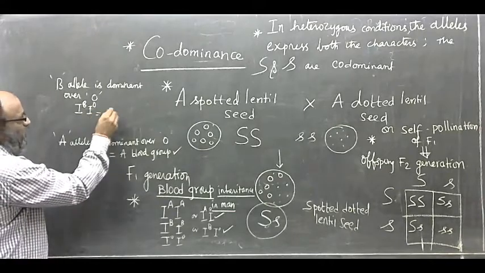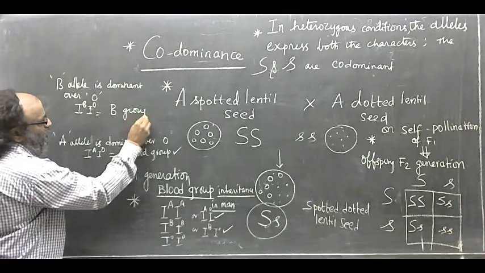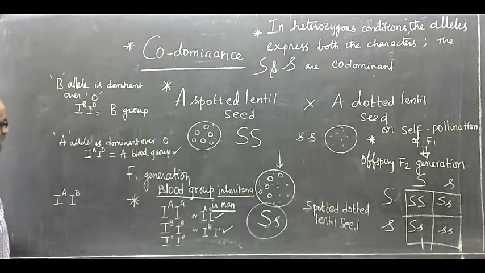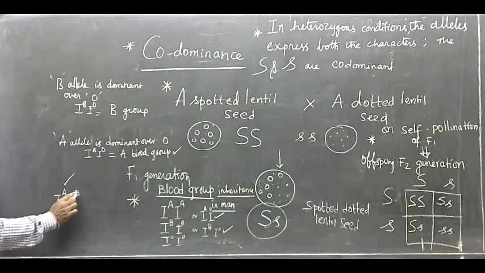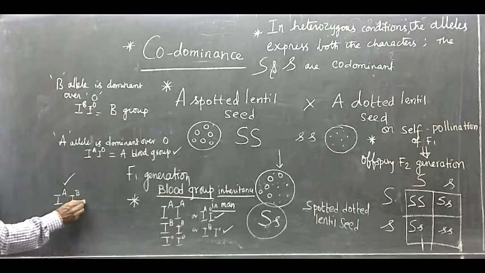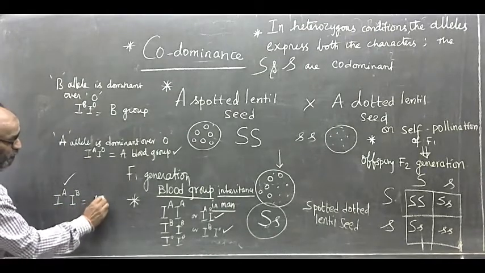Still the blood group is B blood group, as the B is dominant over O. But in this case, with this genotype IA IB, the blood group is AB blood group.